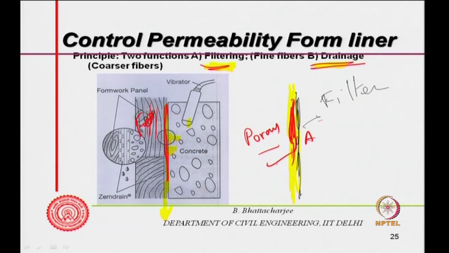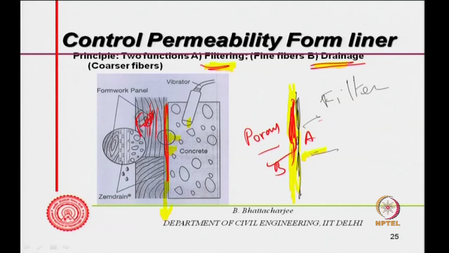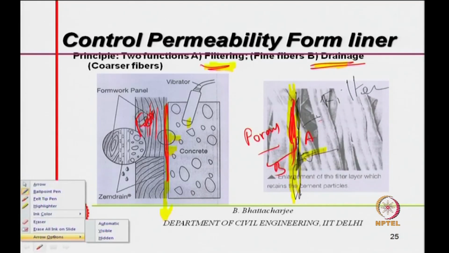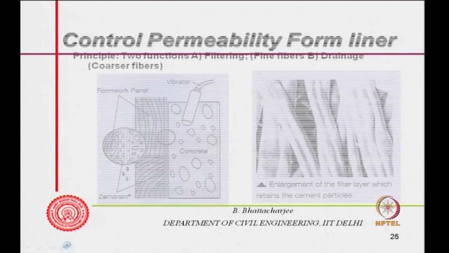So A is here, B is here. Cement particles move along this direction, water moves along this direction, but cement particles are blocked here, and water comes here and gets drained off. The result is a low water cement ratio at the surface.